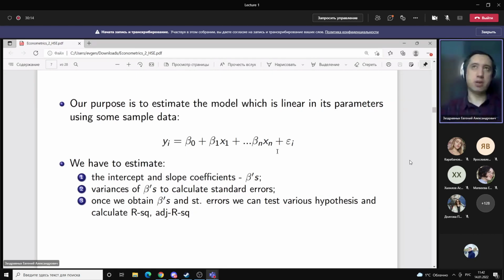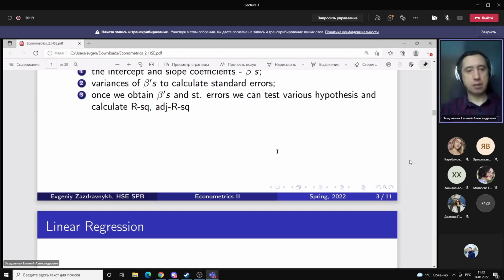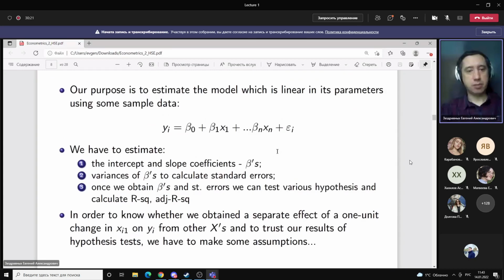How can we check whether we can trust our results or whether we can obtain what we want to get from this regression? For example, I want to obtain a separate effect of a one unit change in x1 on y.